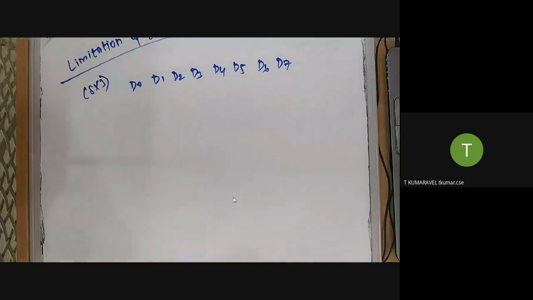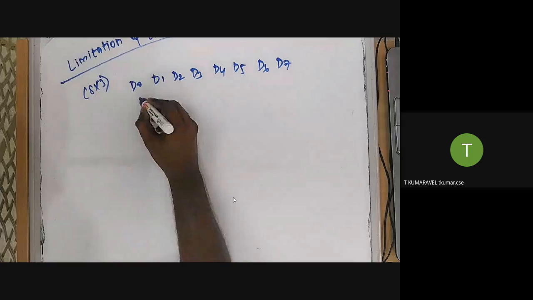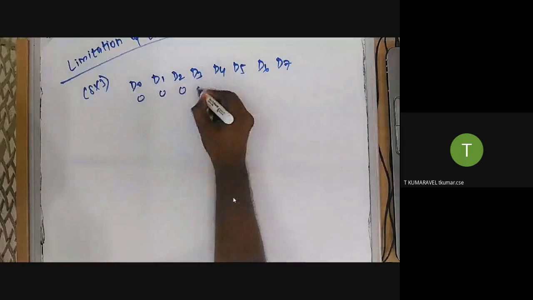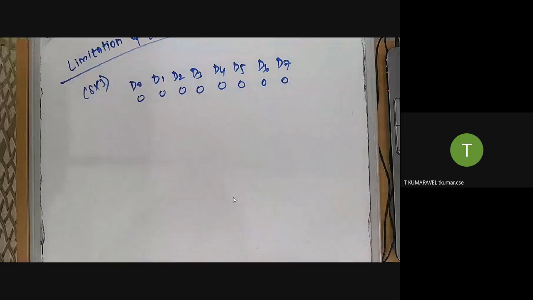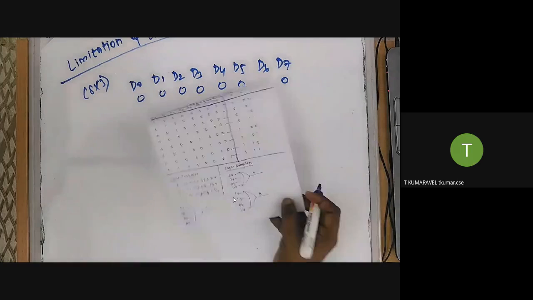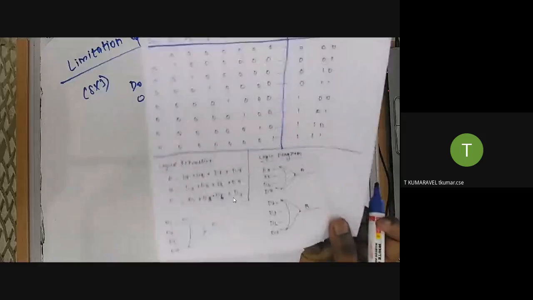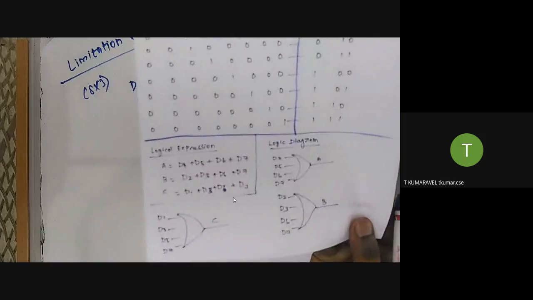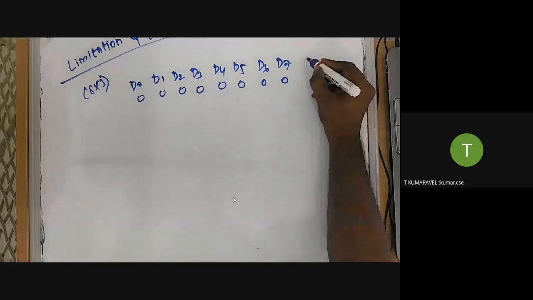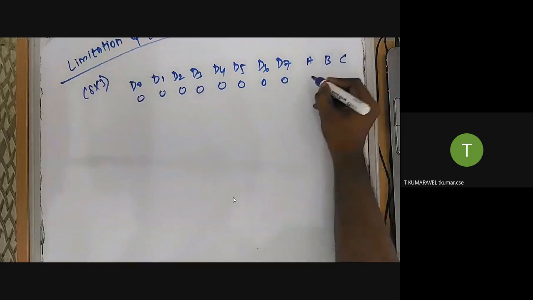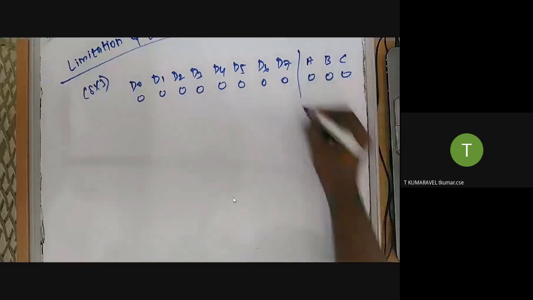Assume that all the bit values are zero. We have already seen the circuit diagram; if you apply all the inputs to that circuit, it generates the output zero.